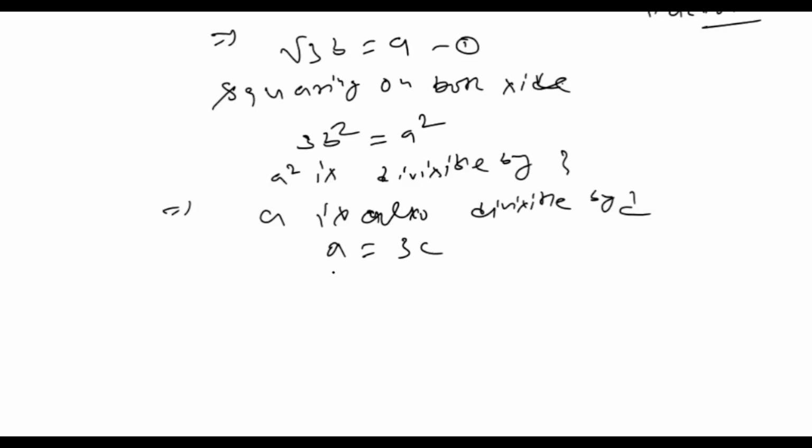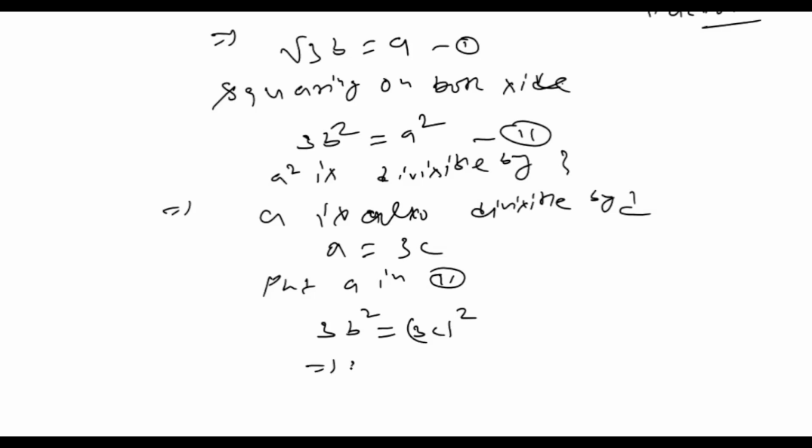Substitute the value of a in equation 2. So this is 3b square, and the value of a is 3c, so in place of a we write (3c) square. If you solve this, it gives you 3b square equals 9c square. Cancelling 3, b square equals 3c square.